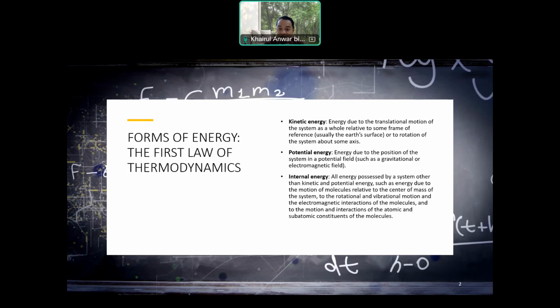Internal energy refers to energy possessed by a system other than the kinetic and potential energy.